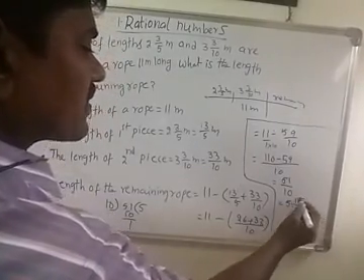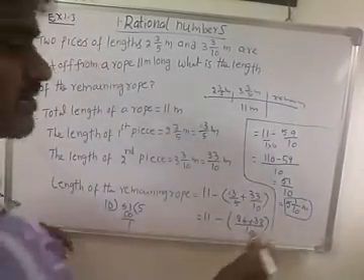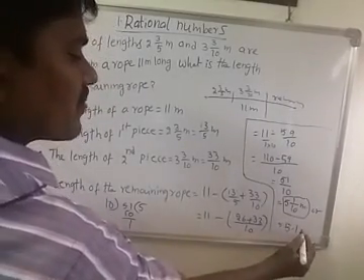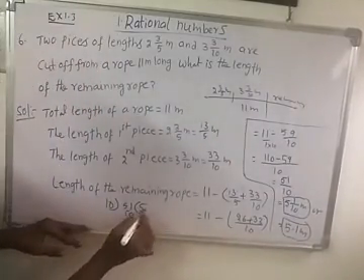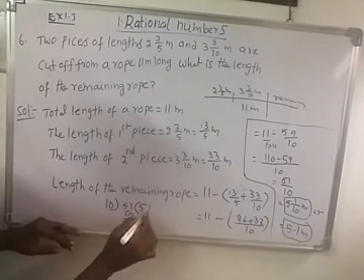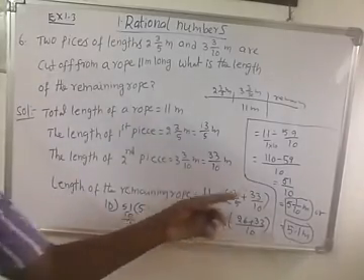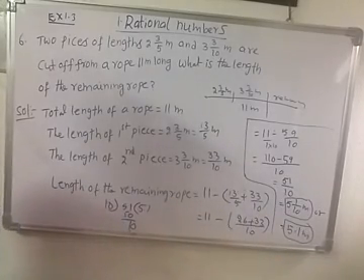So the length of the remaining rope is equal to how much? 5 1 by 10 meters or 5.1 meters. So here we put the point, we take 0, that is 10 1s are 10, and you will get remainder 0. So 5 1 by 10 or 5.1 meters. Okay, right.